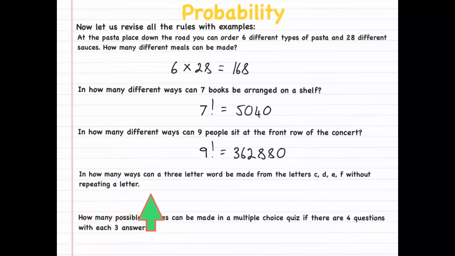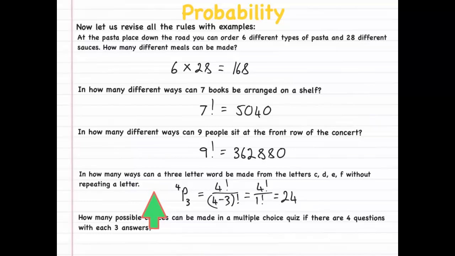So we know that when we do not have repetition and we're not using all of these items, we're making groups, we can simply say the following, that the amount of permutations that we can have, there are 4 different items, we're making groups of 3, that will simply be 4 factorial divided by (4 minus 3) factorial, that is 4 factorial over 1 factorial equals 24.